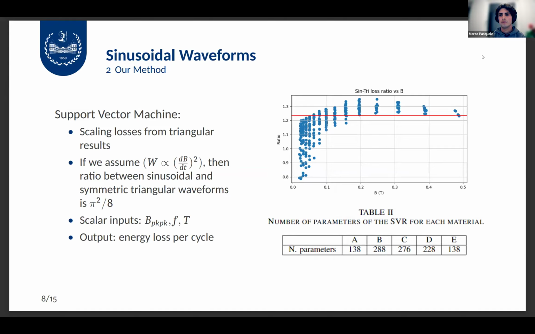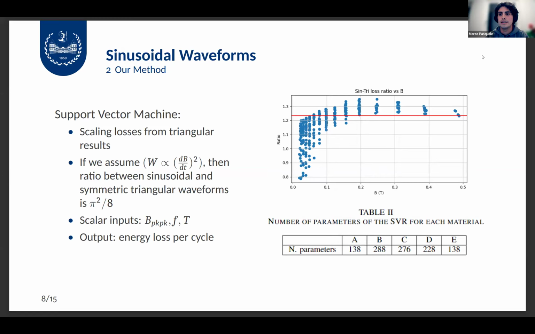Then this is the very interesting part. We actually know from some physics that if we assume that the energy loss is related to the second power of the derivative, then the ratio between sinusoidal and triangular losses is just pi squared over 8.